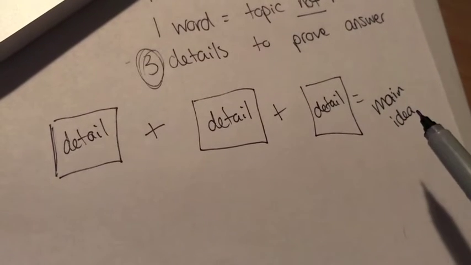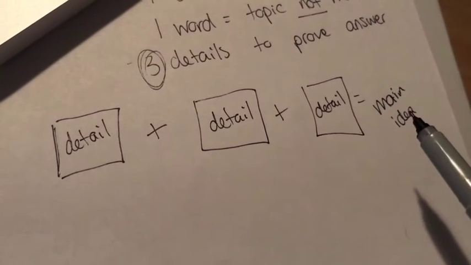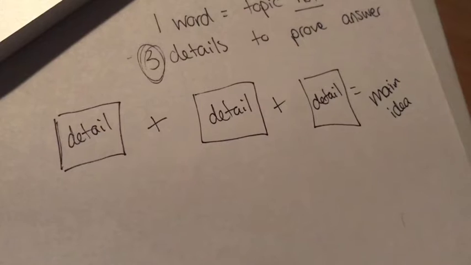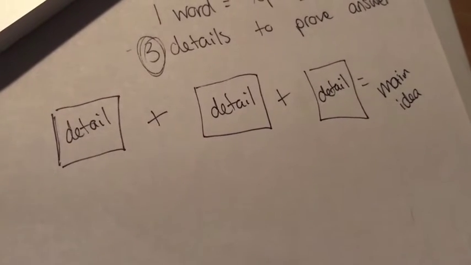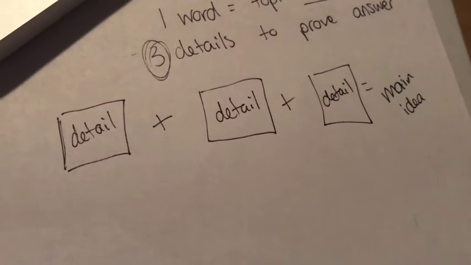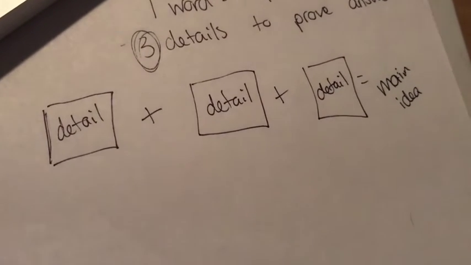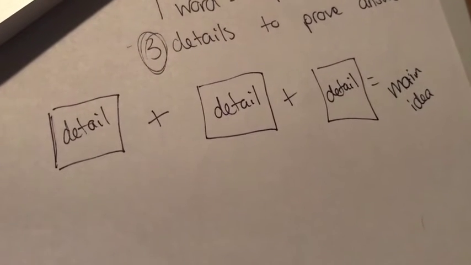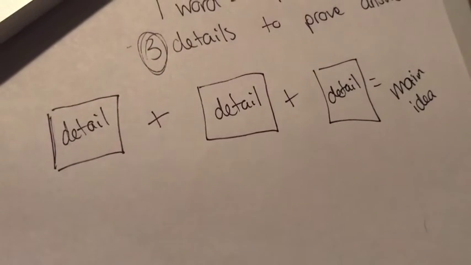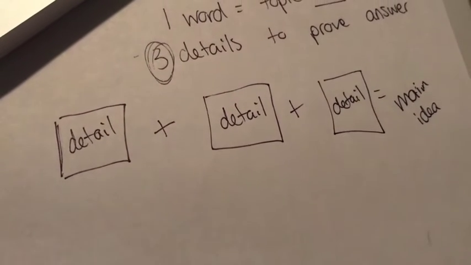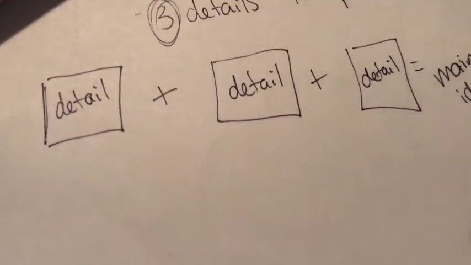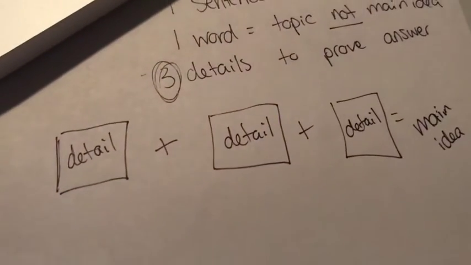Now, for instance, if I wanted to talk about the sky is always blue as my main idea, I would need something to say like clouds are white plus the sky is clear and a bluish color, plus I can see the color, something like that.